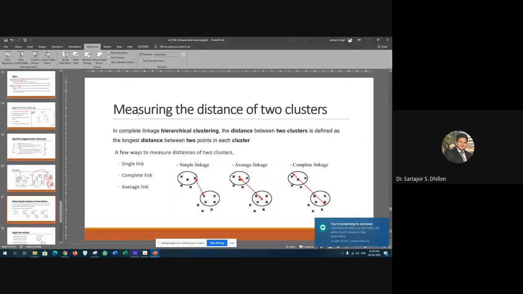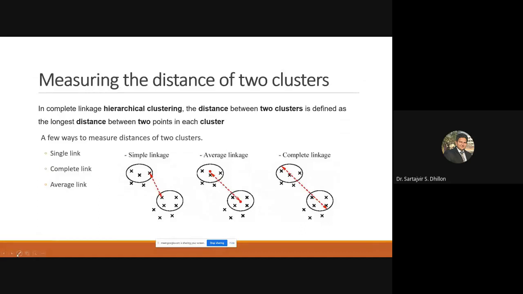Now in hierarchical clustering, the next part includes measuring the distance between two data points or between two clusters. There are basically three types of links, and the distance between two data points or two clusters is referred to as a link.